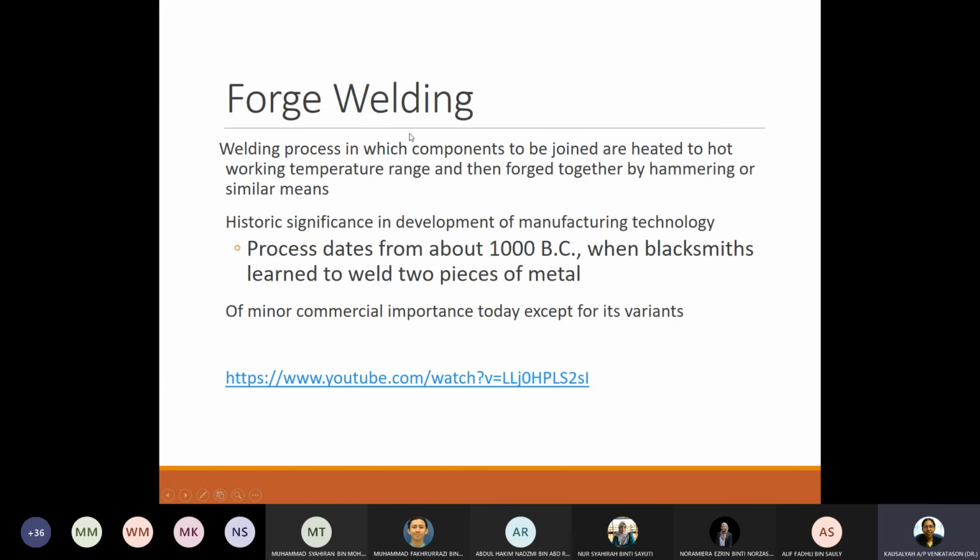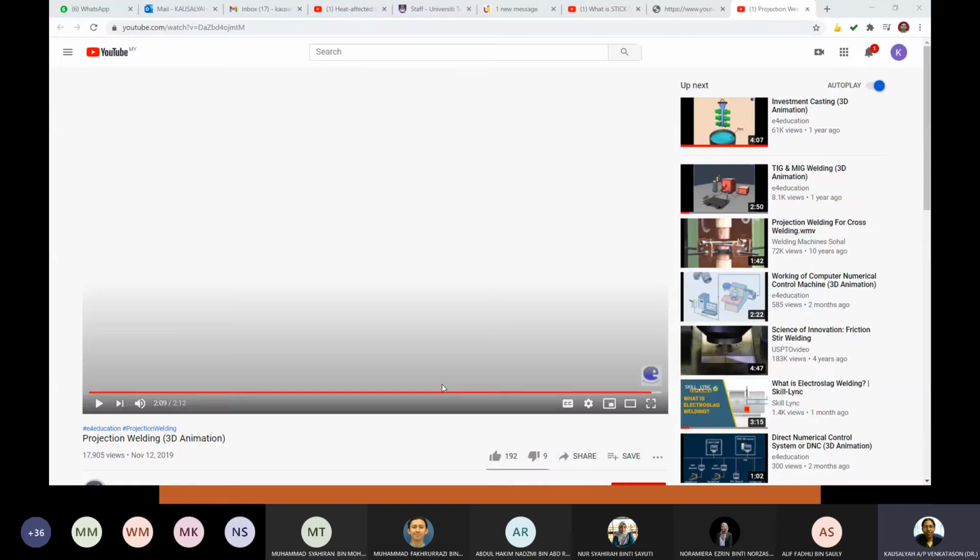Okay, so we have forge welding, the process in which components to be joined are heated to hot working temperature range, then forged together by hammering. So this is basically like forging, where blacksmiths used to do it in those days.